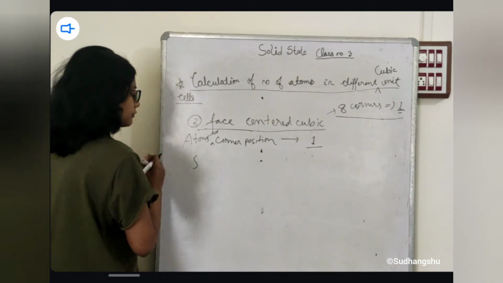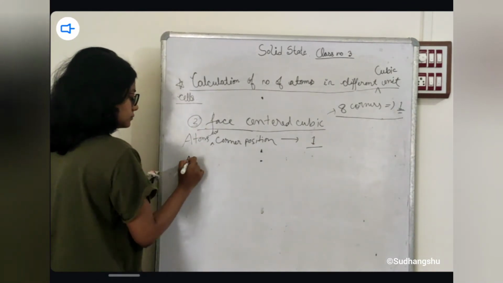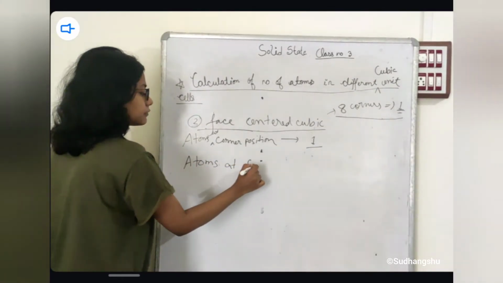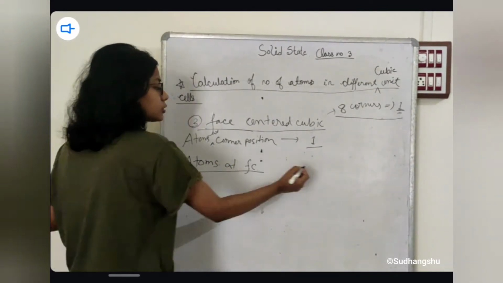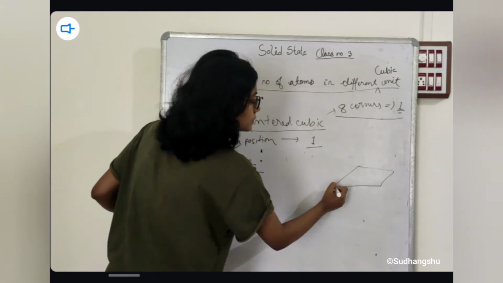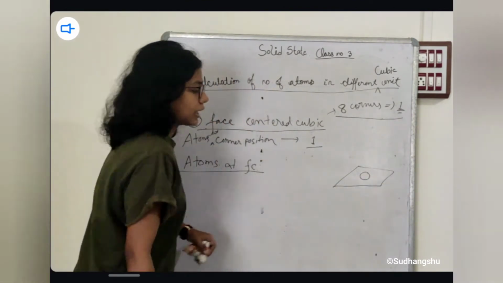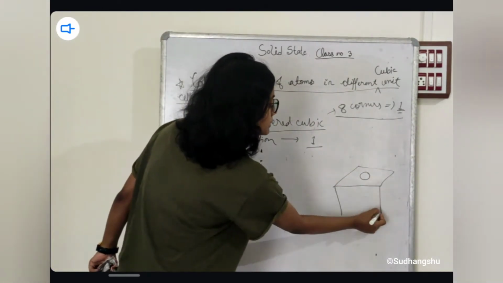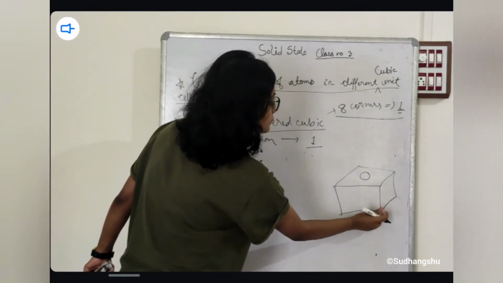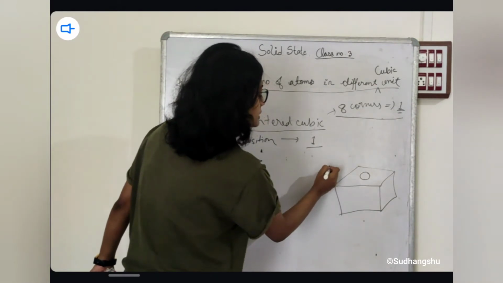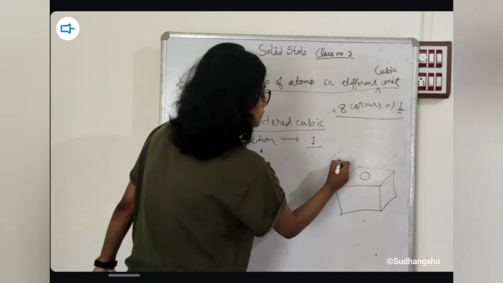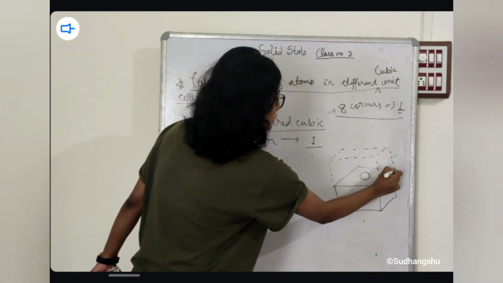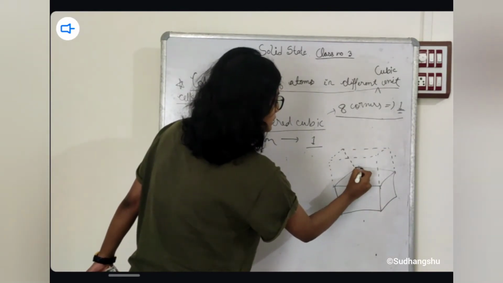And atoms at face center. For face center, 1 atom at the face center is shared by 2 unit cells. One unit cell is this, another unit cell is the one which is above this unit cell, right? So this dotted unit cell is above this unit cell.